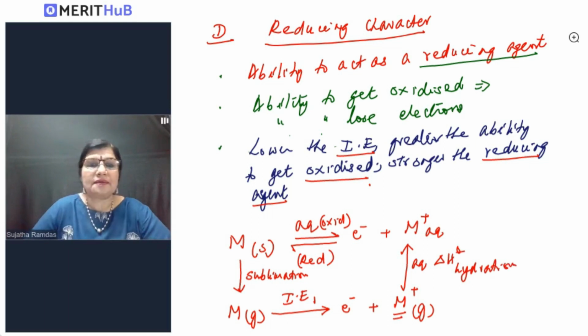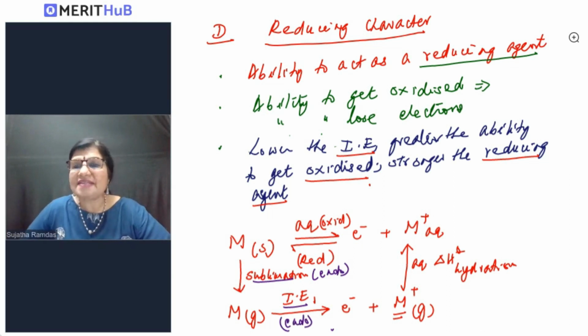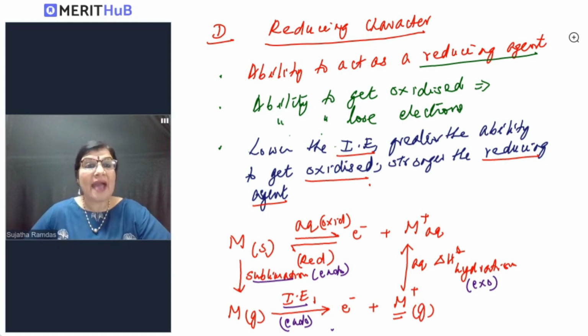Now, sublimation and ionization enthalpy are both endothermic, whereas hydration enthalpy is exothermic. So the magnitude of the energy absorbed during sublimation and ionization will compete with the magnitude of energy released during hydration.